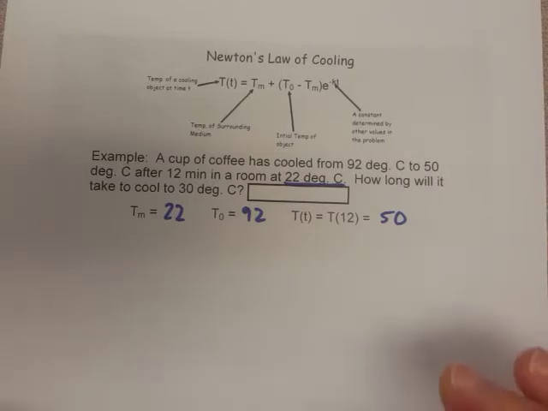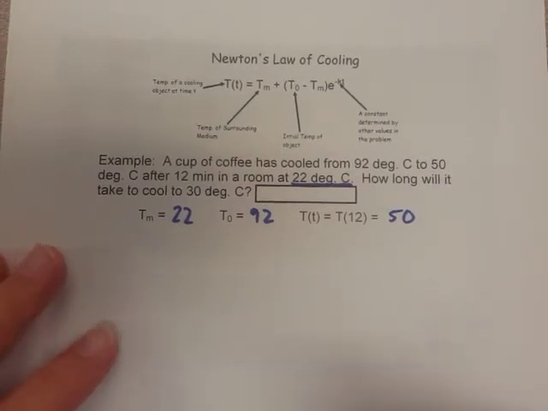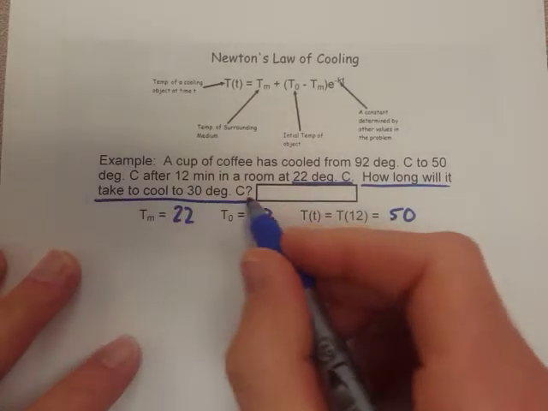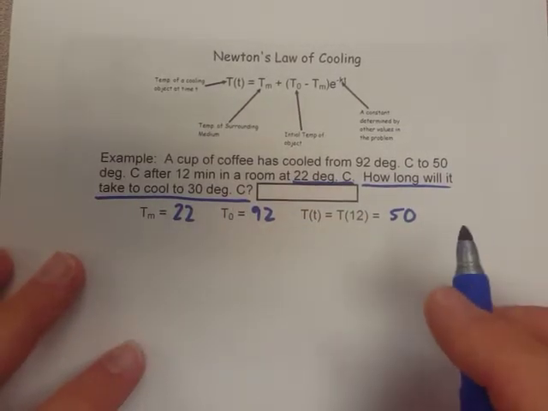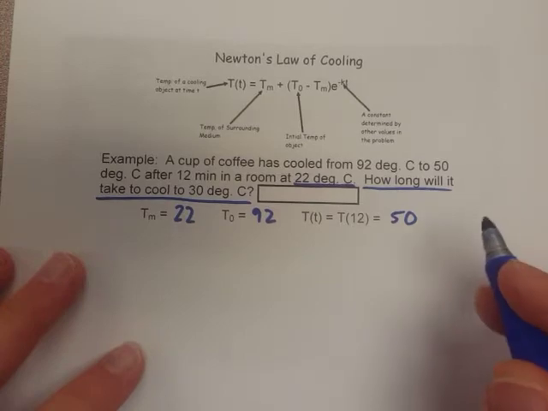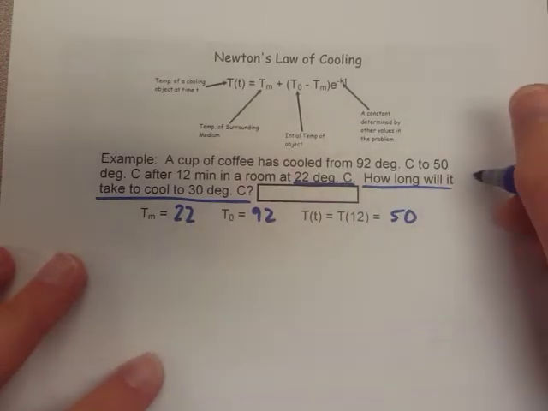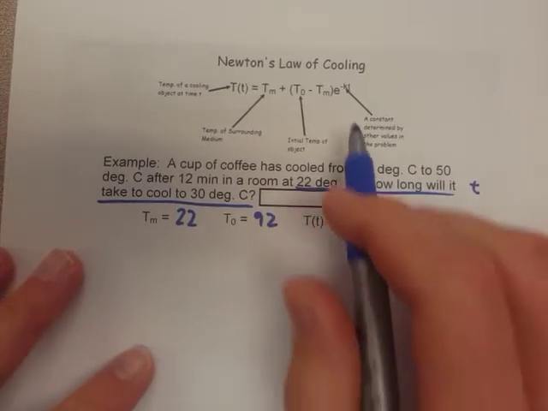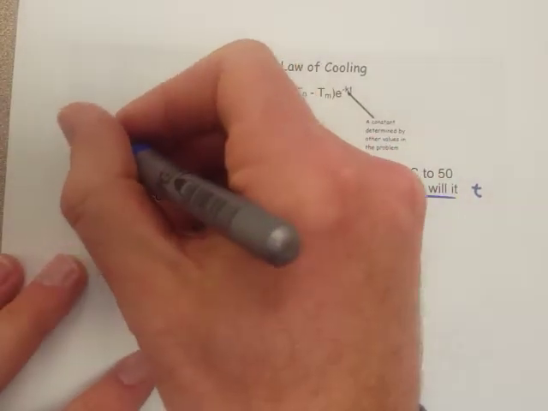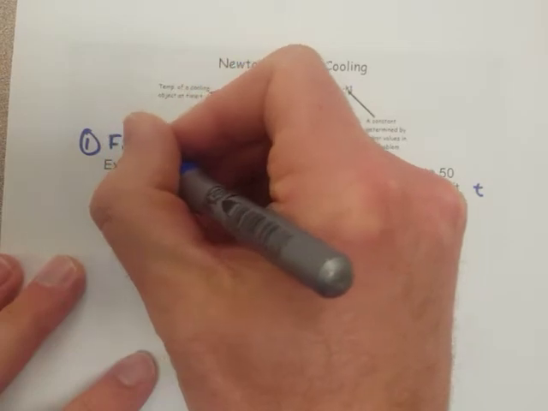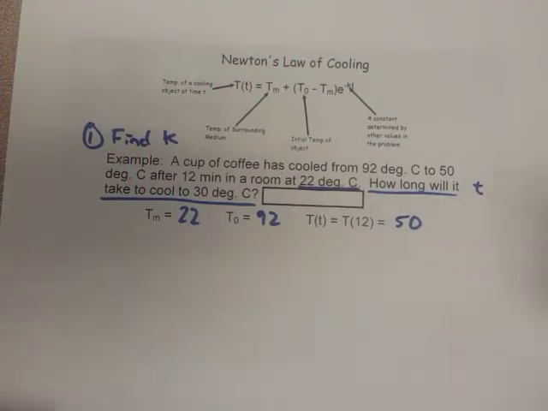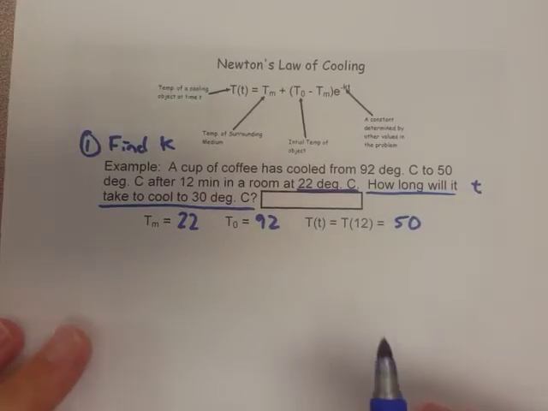Now, what you want to find out in this process of Newton's law of cooling is how long will it take to cool to 30 degrees Celsius. That's our eventual question, so that's t. We're going to have to find t eventually, but what we're going to do first is actually find this k value. That's going to be step 1 in this whole process, to find k, because if we don't have k, we are not going to be able to find little t in the end.